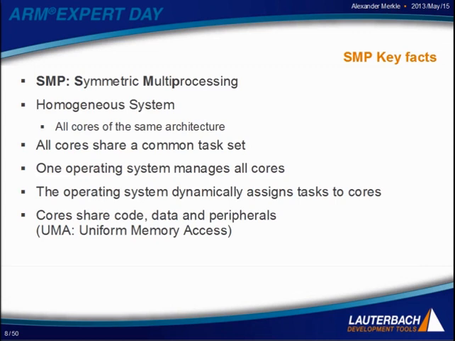Why symmetric? It's homogeneous. All cores of your chip are of the same architecture. They understand the same code. They have access to common memory, as well as data as well as code. You have a common task set, and your single operating system is in charge of assigning tasks to your cores.